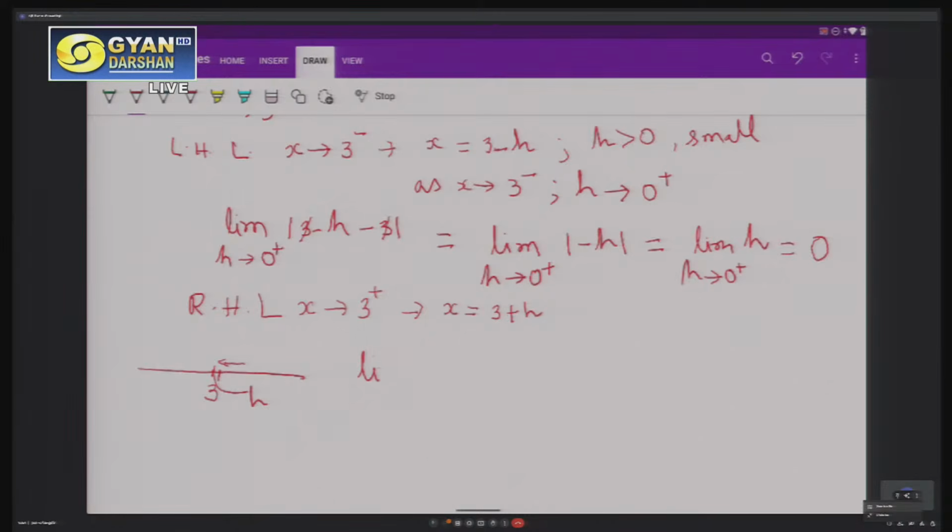So this will be equal to limit h tends to 0 plus mod of, in place of x we write 3 plus h.